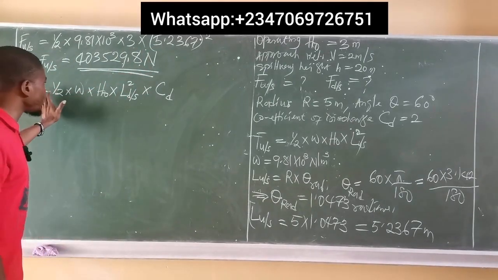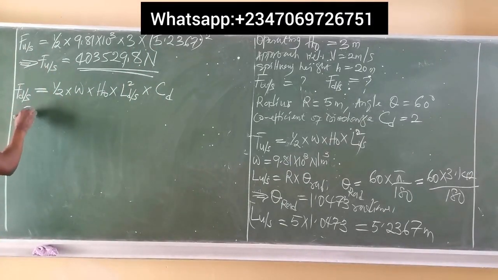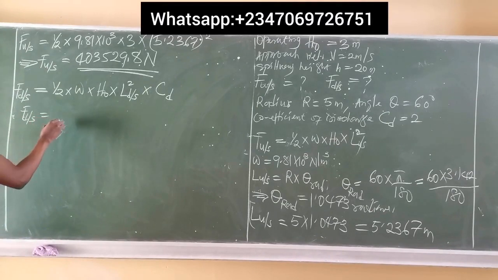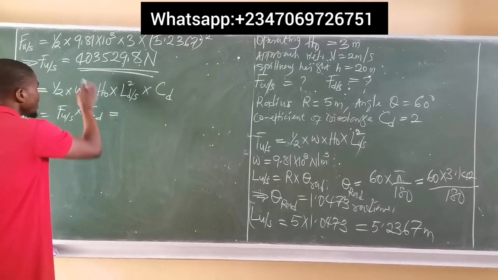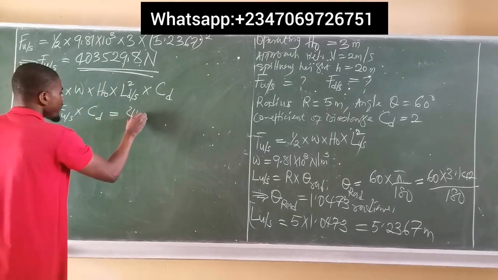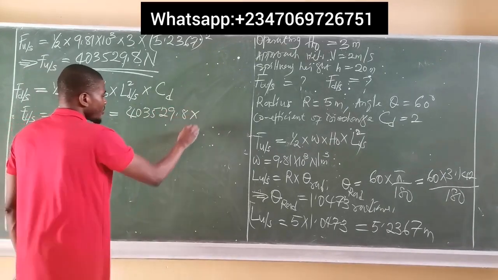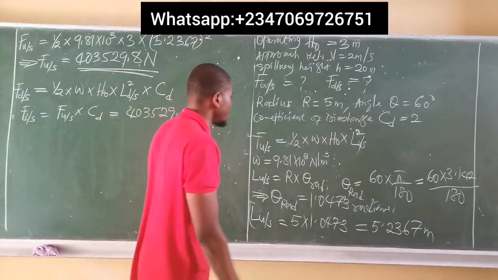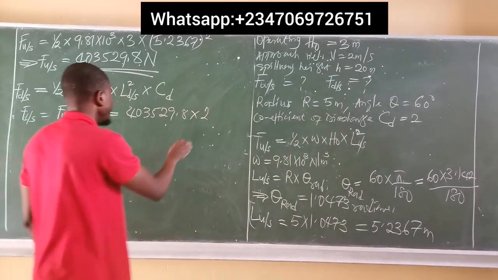So you might want to either go through the whole procedure, or you can simply say that the downstream force is equal to the upstream force multiplied by the coefficient of discharge. So this is equal to 403529.8 multiplied by the coefficient of discharge, which was given in the question as 2.